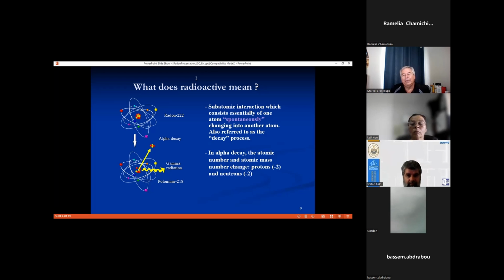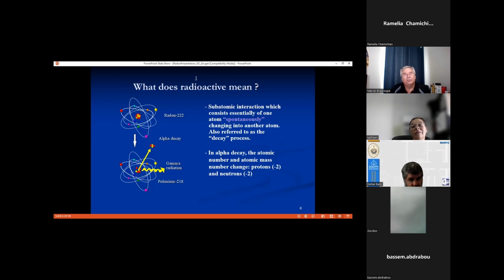Well, it's kind of the same thing here. You have a core of the atom, and you have electrons floating around that core. Now, in the case of radon, a portion of that core gets ejected. We call that alpha decay or alpha radiation. It's a particle that gets ejected out of the core of the atom.